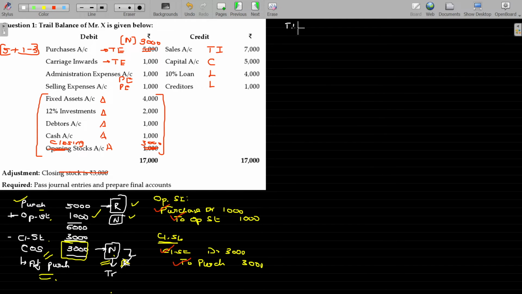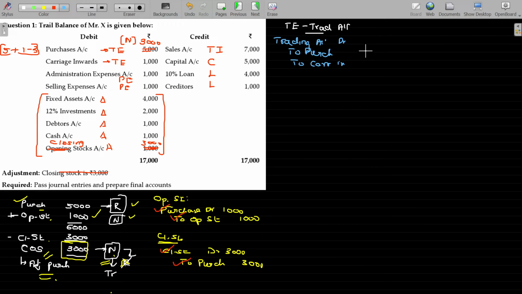Okay. So, transferring the trading expenses to the trading account. What is the entry? Expenses are going to be credited and the trading account is going to be debited. So the entry here being trading account debit, to purchases, to carriage in.